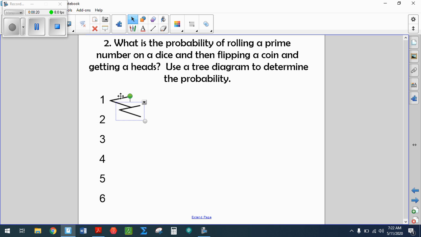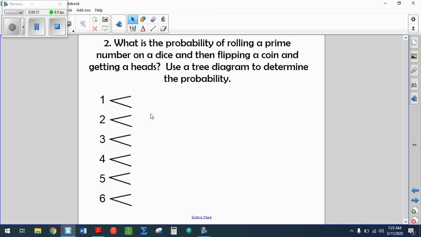So let's try to create that. So these are all the total options I have.